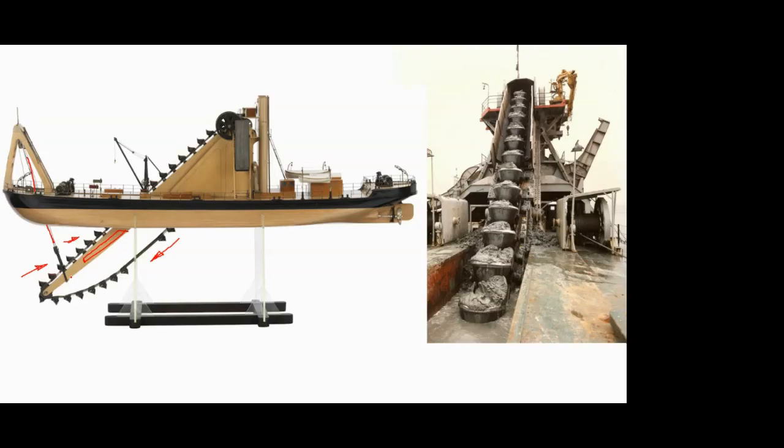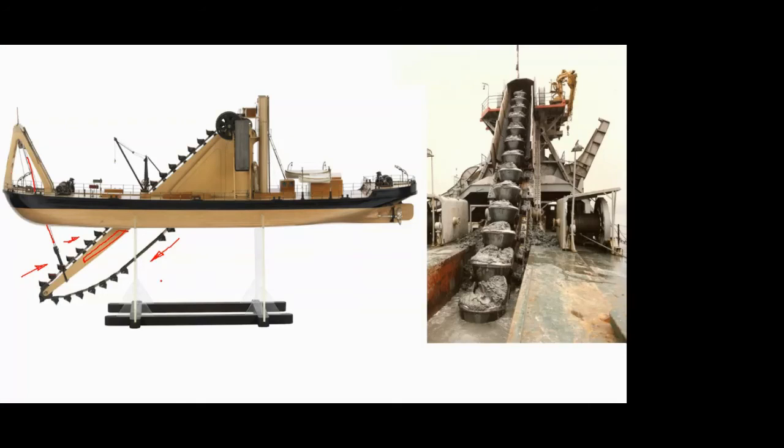But here, even if you try to extend this ladder or this framework, you will have a limitation, because you have to balance the CG of your boat, or CG of your ship as well. Okay, you just can't provide an infinitely long ladder which goes inside the water body, because in that case the moment on this center part of your boat will increase, and it might also overtopple or overturn your ship or boat.